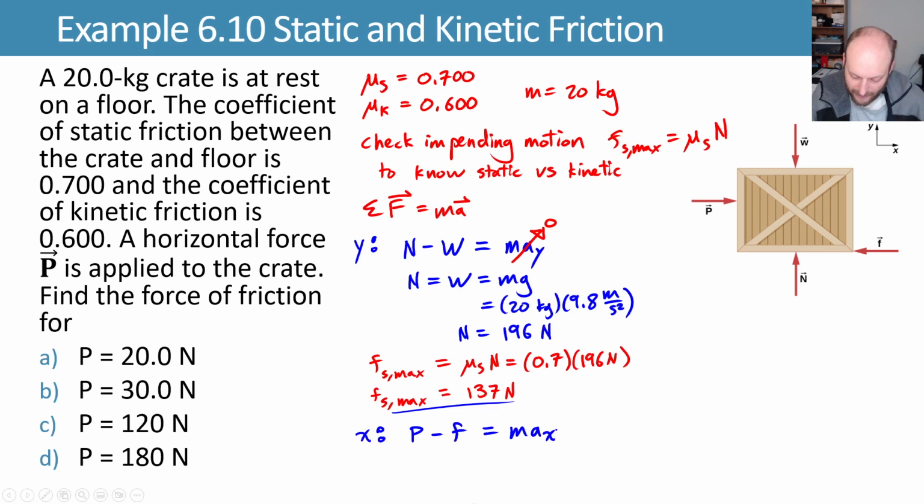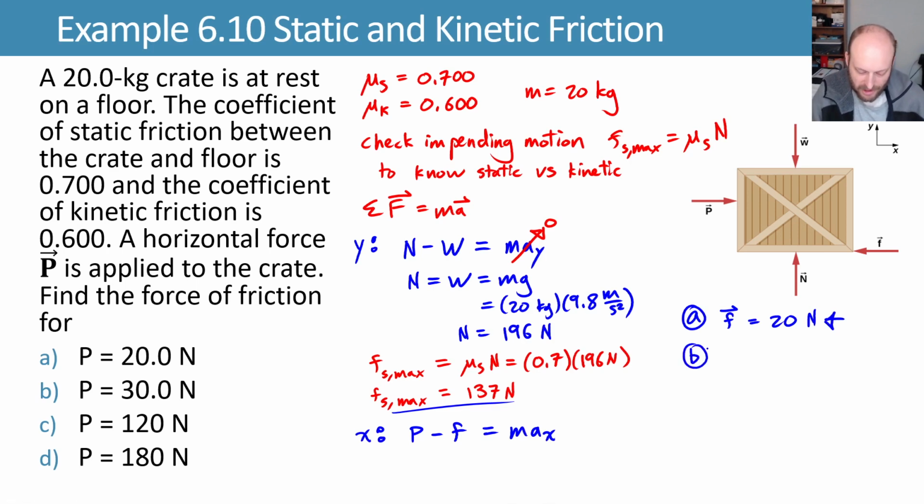All right, so for part A, we push with 20 newtons. Our maximum static frictional force is 137. That's underneath the threshold, so our frictional force is exactly what it needs to be to balance that out and keep this crate from moving. Here, the frictional force is equal to 20 newtons opposing the direction of motion.